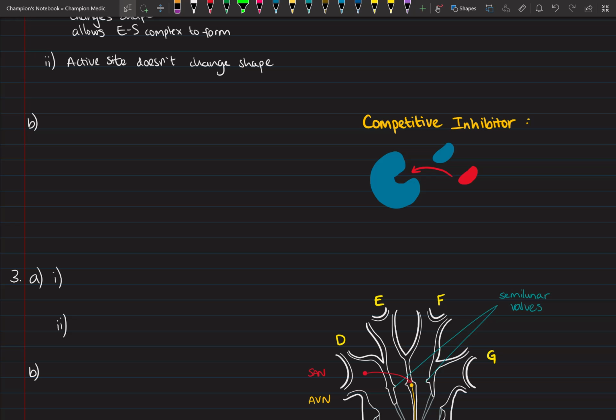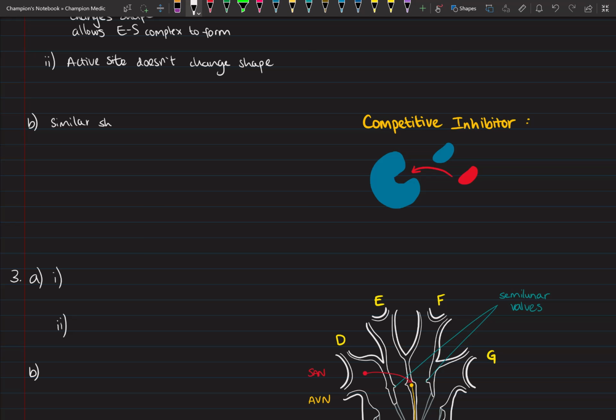Question 2b is talking about the concept of competitive inhibitors in biology. It tells us that PABA is the substrate and sulfanilamide is a competitive inhibitor which has a similar structure to PABA.